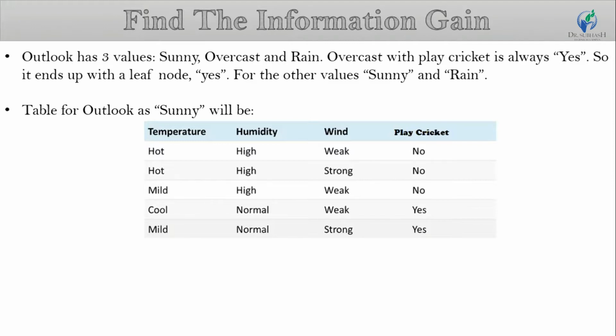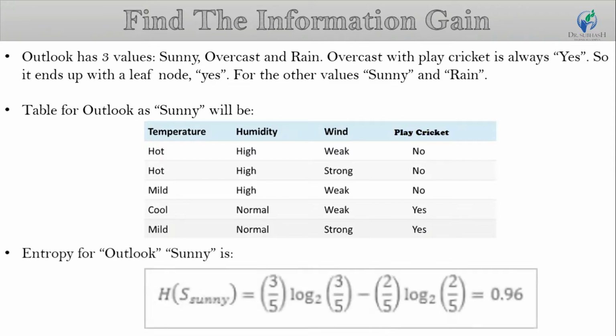Now we have found out humidity. So in humidity we have two values, high and normal. So for that, the entropy of outlook sunny is, now we have put the value of humidity. So 3 divided by 5 log 2, 3 divided by 5 minus 2 divided by 5 log 2, 2 divided by 5.